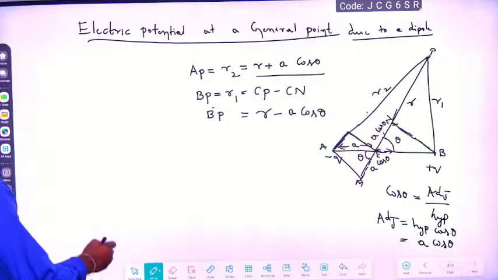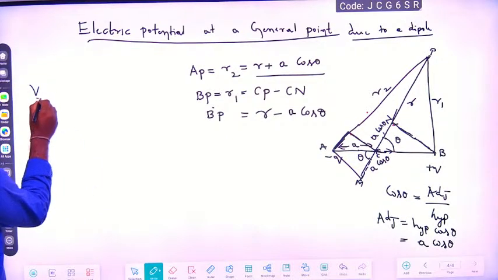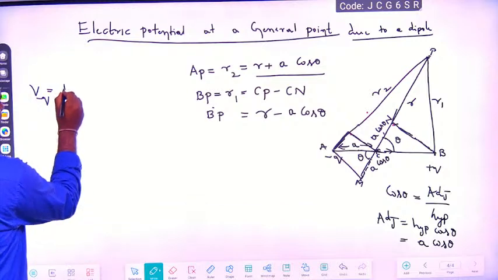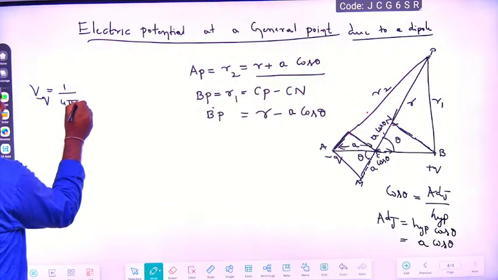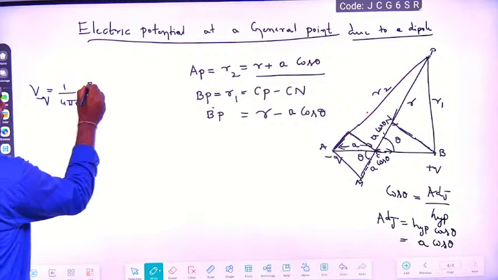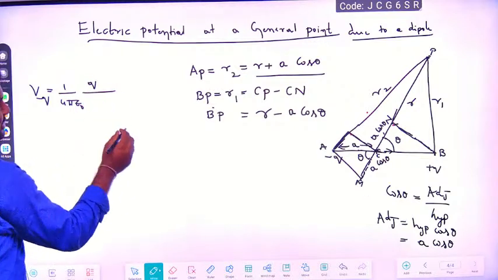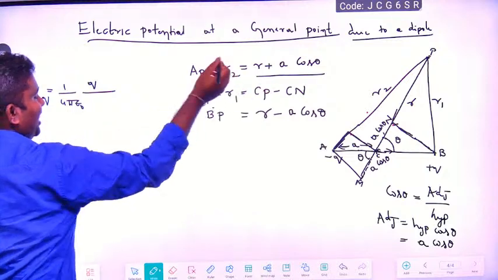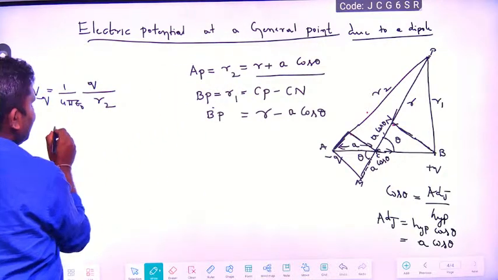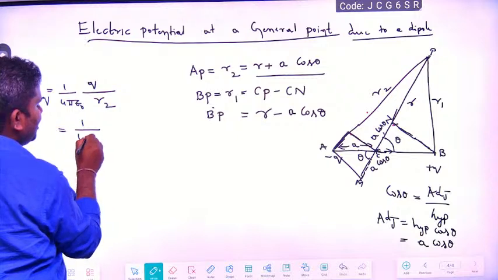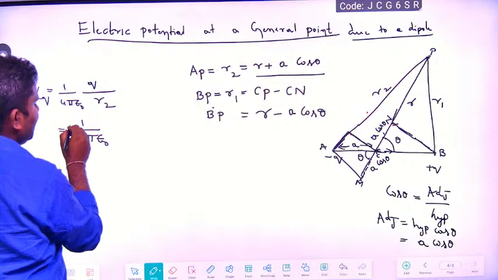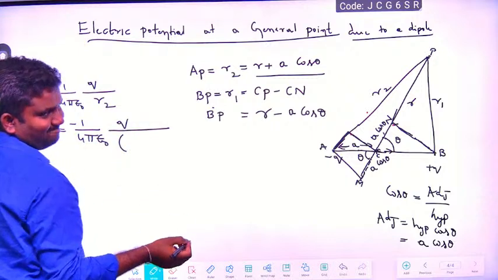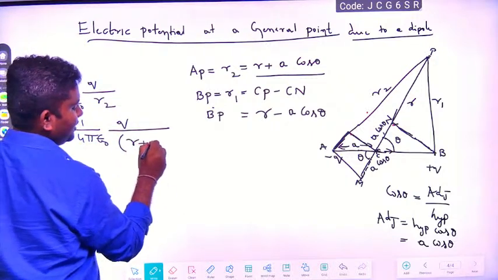Now you can write what is the potential due to the negative charge. Minus Q is how much? 1 by 4 pi epsilon naught into Q divided by, what is the distance? This negative charge, what is the distance? R2, right? Correct, right? So you can write, R2 is 1 by 4 pi epsilon naught minus Q divided by R plus A cos theta.